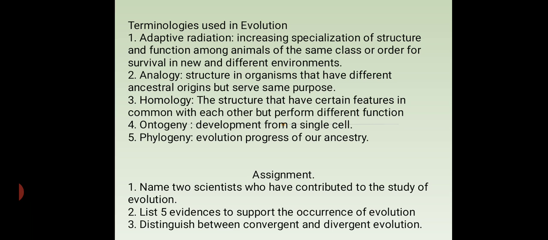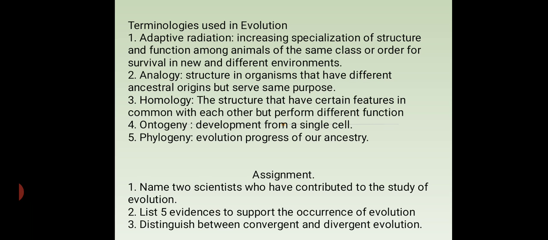The second terminology we are going to be looking at is analogy. This is the structure in an organism that have different ancestral origins but serve the same purpose. For example, the wing of butterfly and the four limbs of vertebrate, they perform the same function.